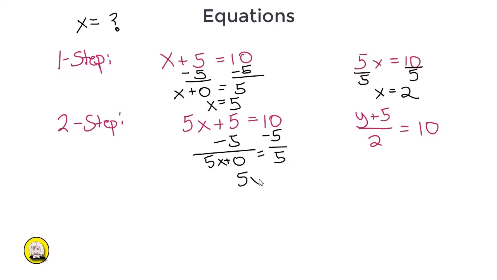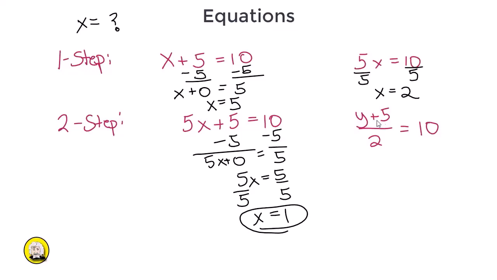So I have 5x equals 5, and now I'm going to divide by that coefficient, 5, on both sides of the equation, and the result will be 1x, I don't need to write that 1 again, equals 1, and I've solved that equation. And it took 2 steps, 1 subtraction, 1 division.